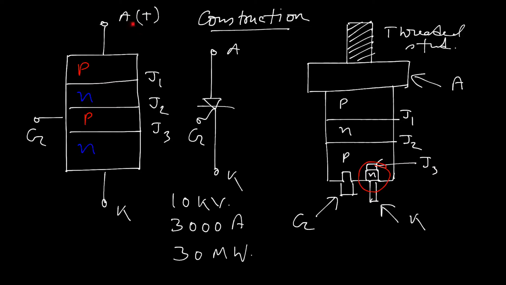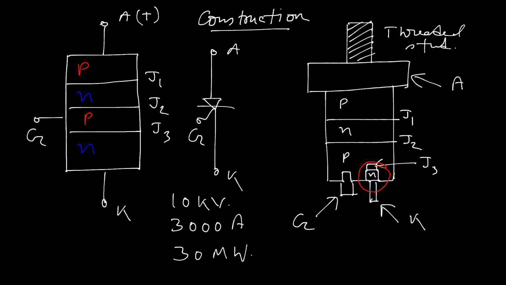When the anode is more positive with respect to the cathode, a current tries to flow in the forward direction. In this case, across junction J1, as the current tries to flow from P to N, and across junction J3, as the current tries to flow from P to N, both junction J1 and junction J3 are in forward biasing condition.